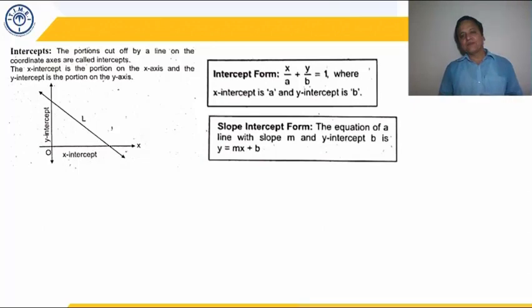And slope intercept form is y is equal to mx plus b. Intercept form, where lengths of intercepts are given, is x upon x-intercept plus y upon y-intercept equal to 1. And slope intercept form is y is equal to mx plus b.